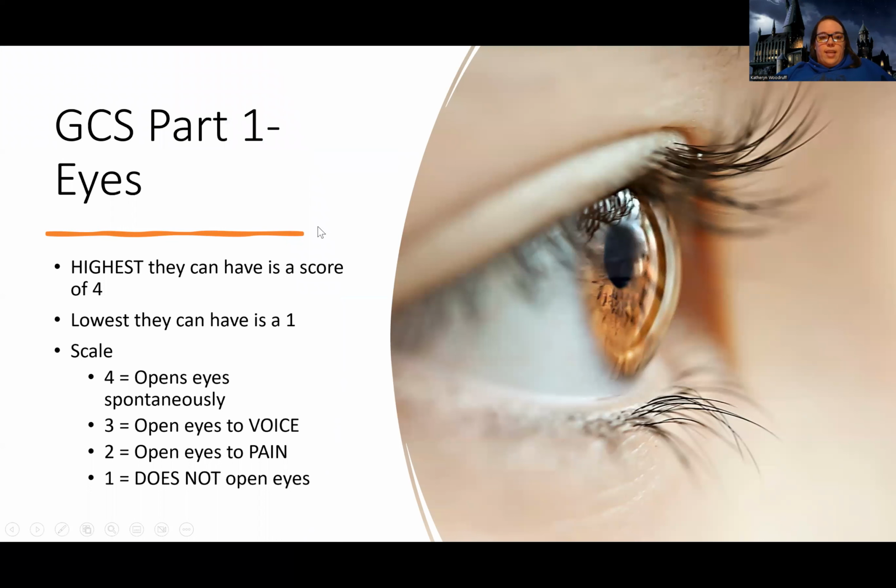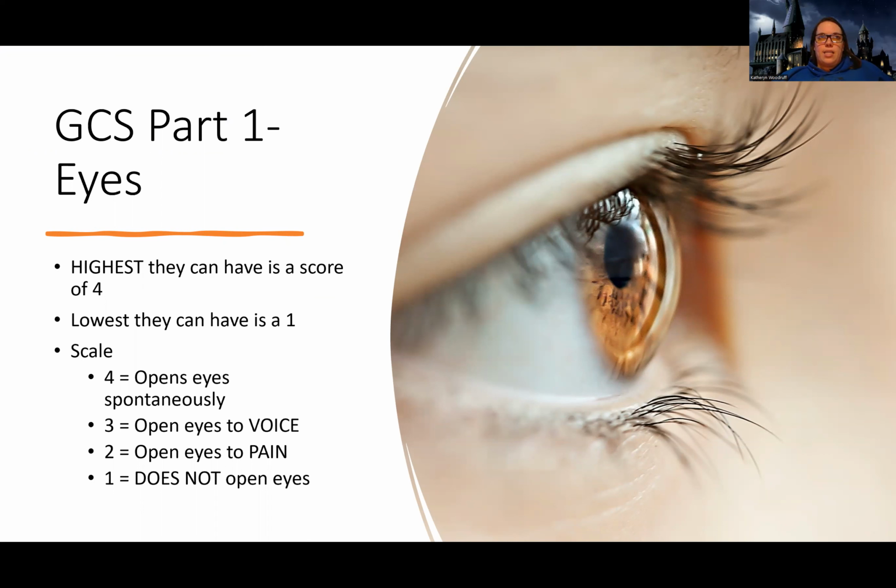So eyes, like I mentioned, is one of the first parts of the scale that we usually do, and this is seeing how much stimulation it takes to get someone to open their eyes. The highest they can have is a 4. The lowest they can have is a 1. Going through the best response first, and I'll talk about this later, we always grade the best that we saw.